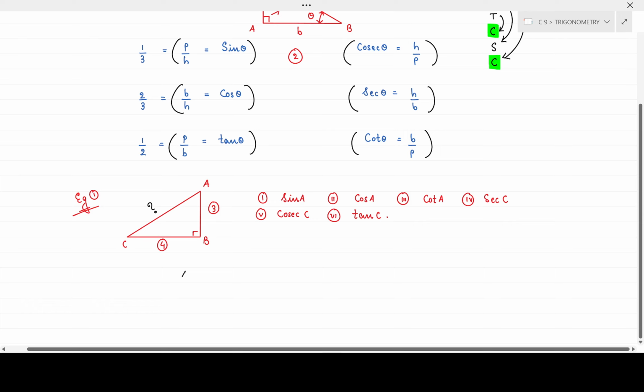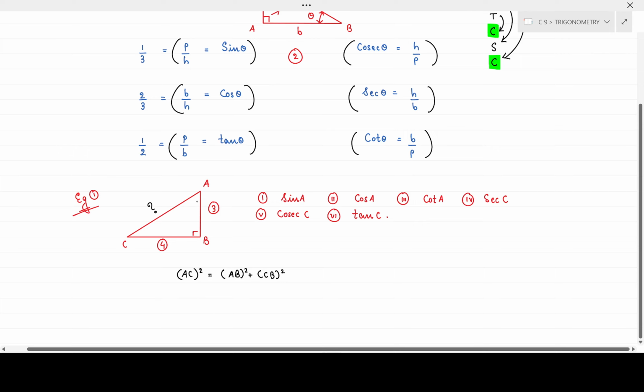According to Pythagoras theorem, hypotenuse square equals perpendicular square plus base square. Since we are not taking it with respect to theta, in this case, generally we consider this as perpendicular only.